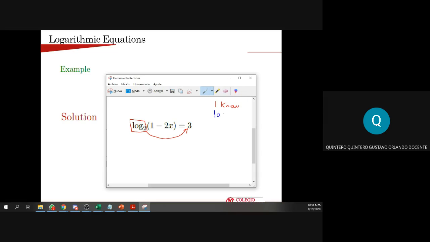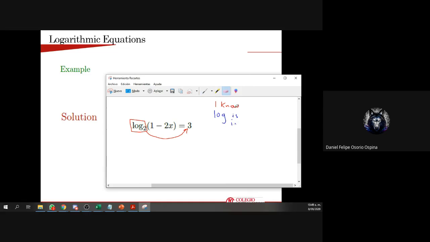So log is the inverse of exponentials, of powers. We know that, Danny.